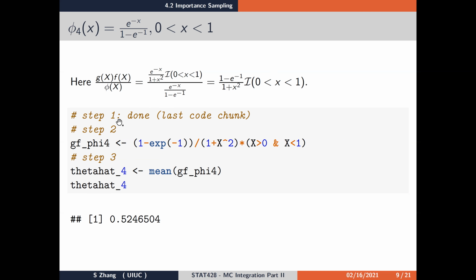So let's directly go to step 2, where we apply this transformation. We say g f phi 4 is given by 1 minus e to the negative 1 divided by 1 plus x squared, where x is our previous samples. And this is multiplied by the indicator function of whether x is between 0 and 1. And again, in step 3, we take the sample mean, and this gives us the theta hat using phi 4 as our importance function. And again, this is approximately 0.52.